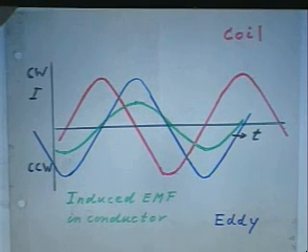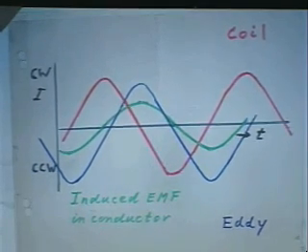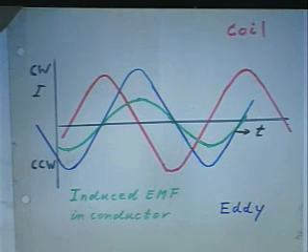I call that the eddy current. If there is no phase shift between the induced EMF and the induced current, notice that half the time the blue curve and the red curve are in opposite direction. When they're in opposite direction, they repel each other. When they're in the same direction, they attract each other.